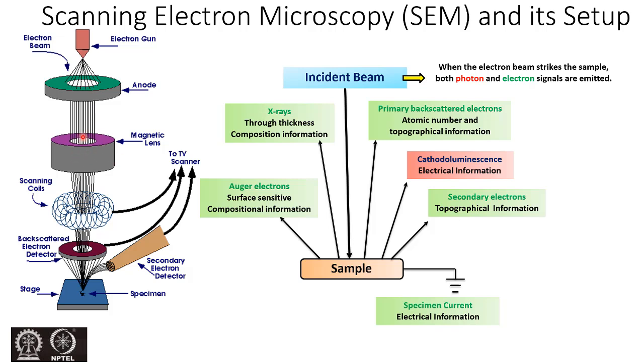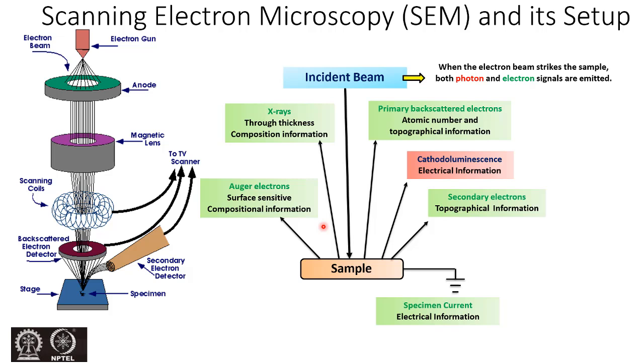With the help of a magnetic lens, we are able to align the electrons in a parallel line, and then we have a scanning coil, and then the backscattered electron detector, and finally, with the help of the magnetic lens, these are coming as a pointed, focused beam on the surface. Then the scanning coil goes to the connector or the TV scanner. So this is actually the screen of our system. Then the backscatter detector detects the backscattered electrons, and the secondary electron detector detects the secondary electrons.